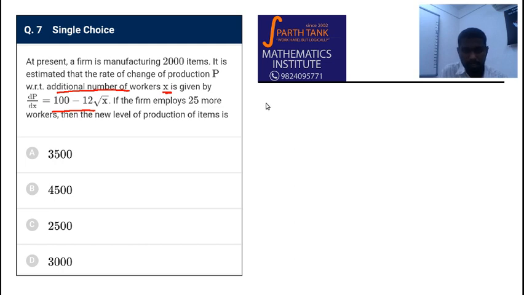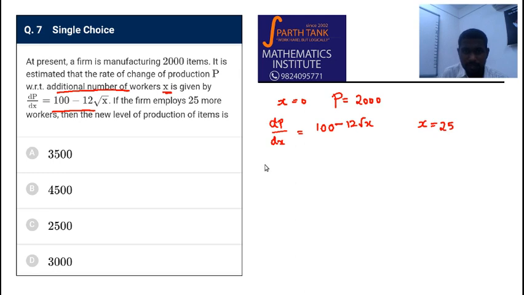So the initial case where the present production without any extra people is x is 0 and the production is 2000, because there are no additional workers and the production is 2000, and they have given us the rate of change of production as 100 minus 12 square root of x. The question is to find when 25 new workers are brought in, which means x is 25 because x is the additional number of workers, right?